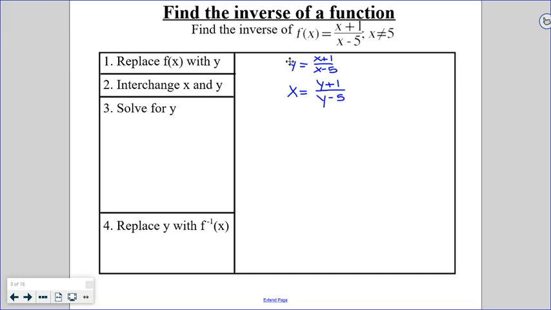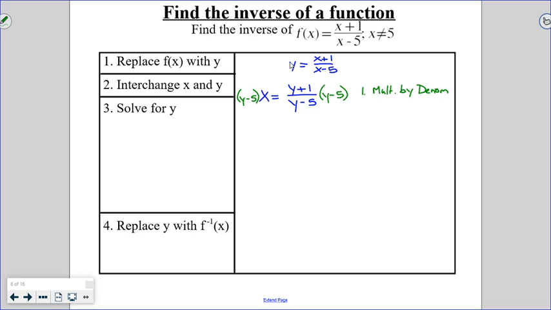So on this, you will notice that I have multiple y's. There's not just one y in there, right? So it's a little bit more tricky on how do I get it to at the end just say 1y equals something. So this is how it's going to work every single time. The first thing you're going to do is multiply by the denominator. So I'm going to multiply both sides by y minus 5 just to get that y minus 5 out of there.